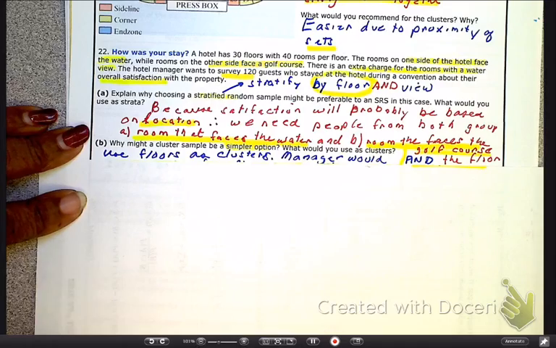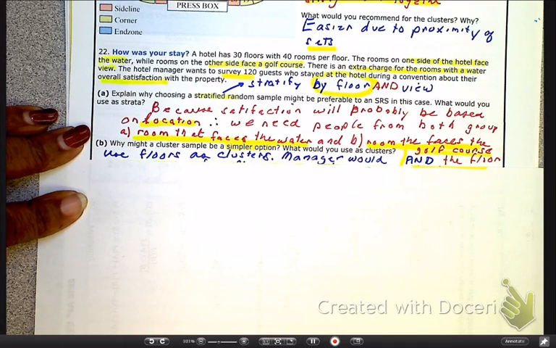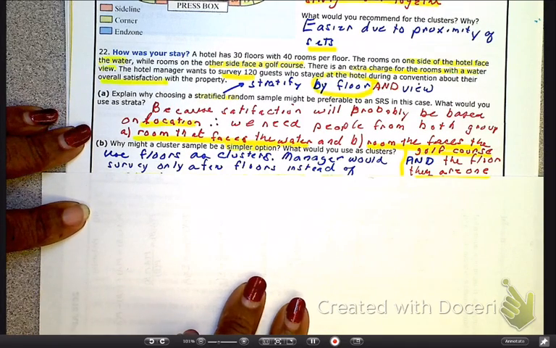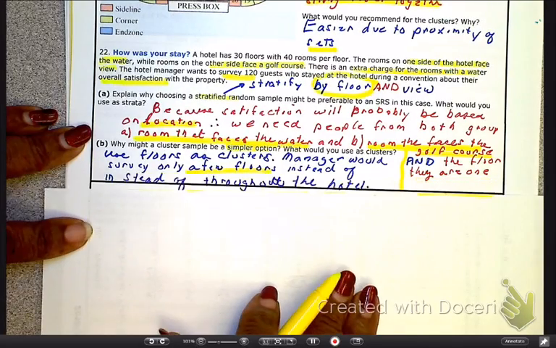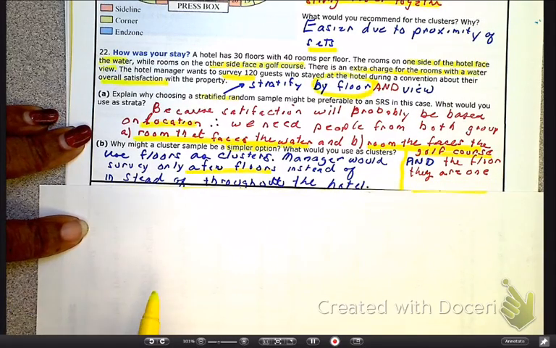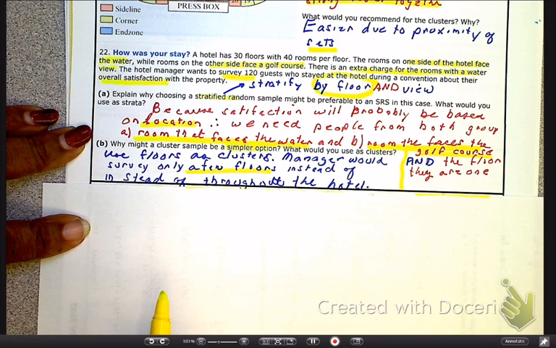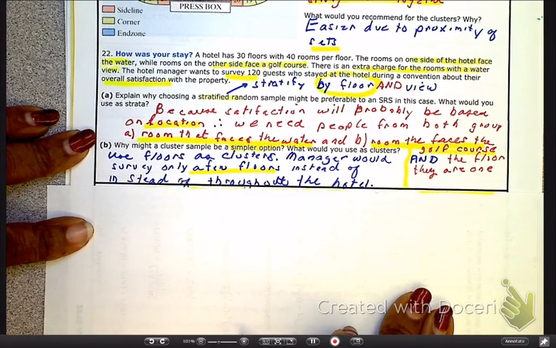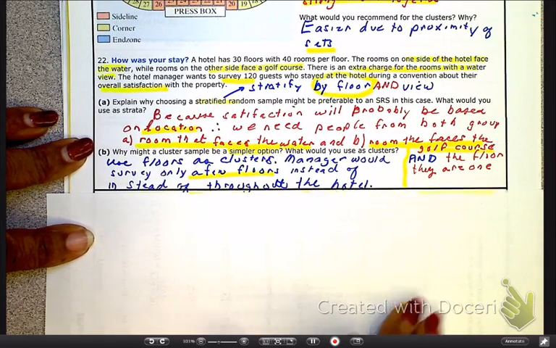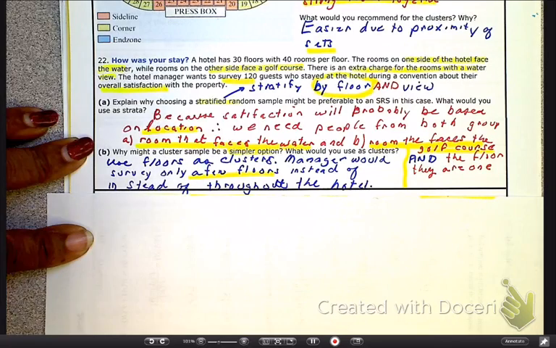Well, the bottom line is when you have a cluster, you're using the entire floor. So it's less walking. He's just going to use only a few floors instead of having to randomly select people and then go to each floor and go to each room. You know, nobody has time for that. Well, actually you do if you want a good survey. But in this case, yes, we could just look at one particular floor.